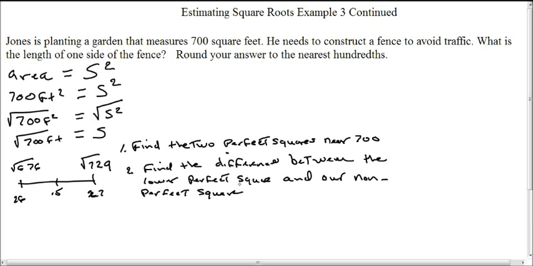Once we do that, we are going to subtract 700 minus 676. It's just regular math here. 700 minus 676 is 24. That's going to give us 24.